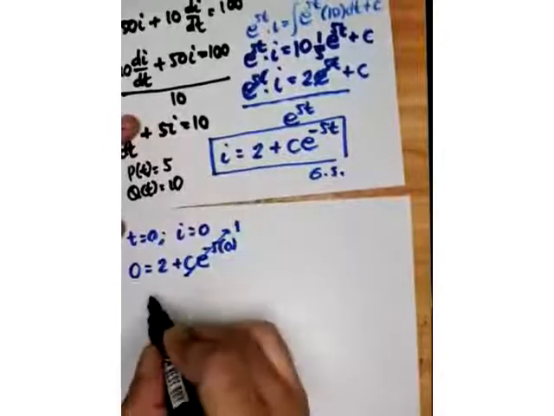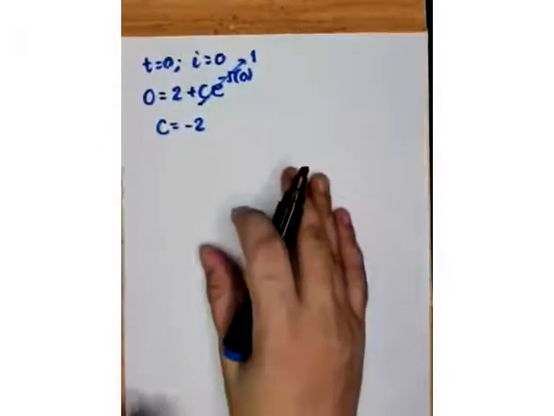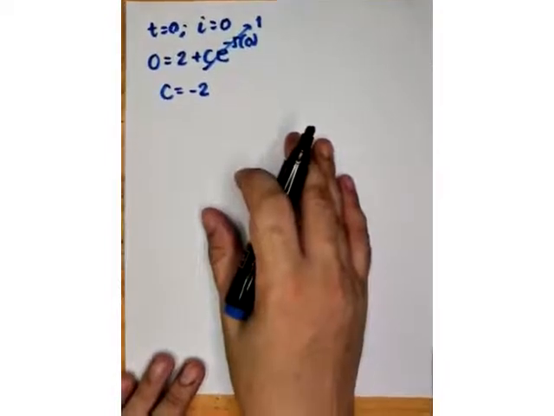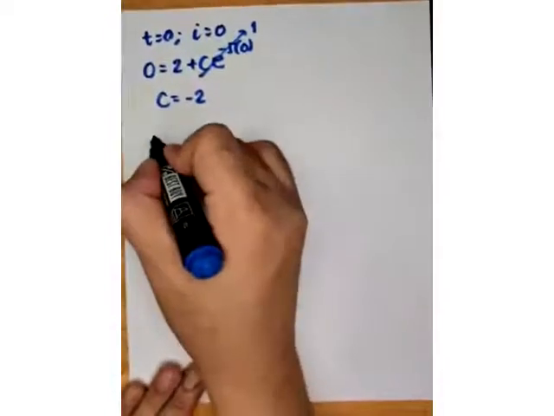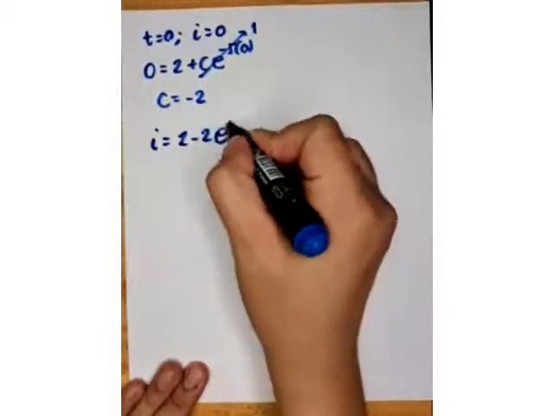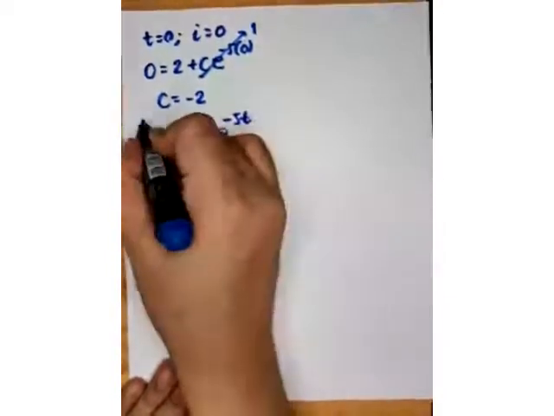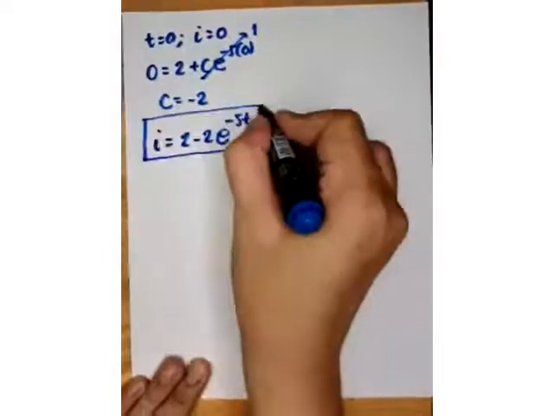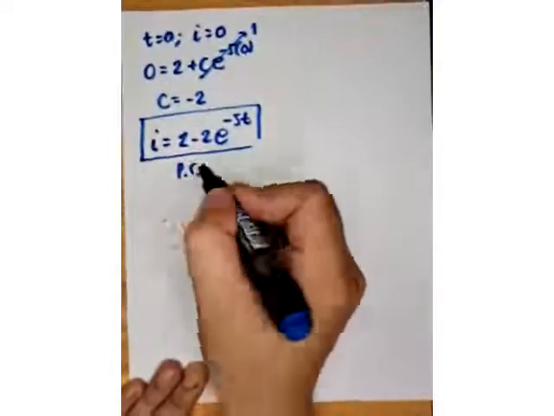This is 1, so C is equal to negative 2. That means our particular solution is I is equal to 2 minus 2 e raised to negative 5t.